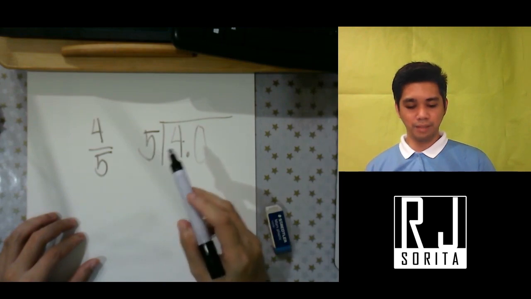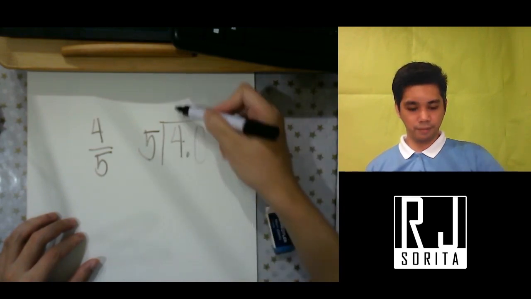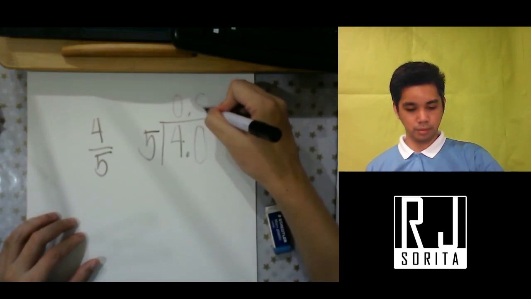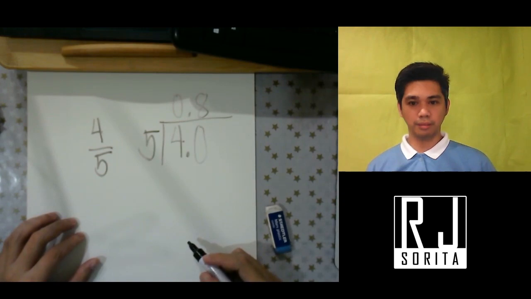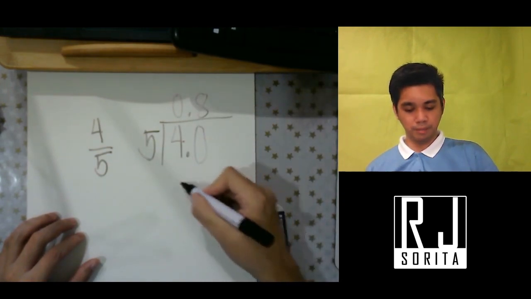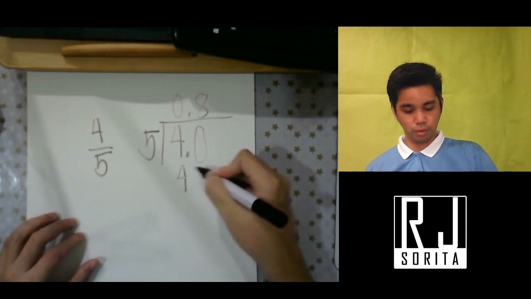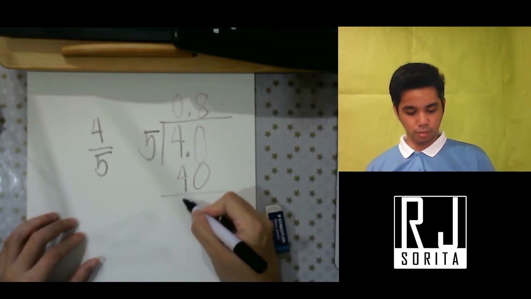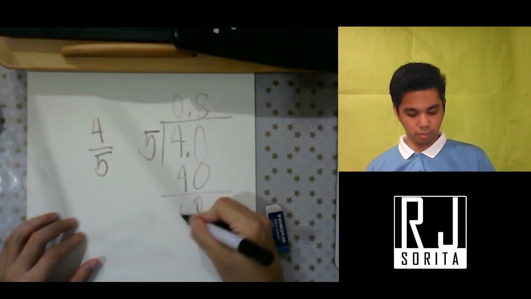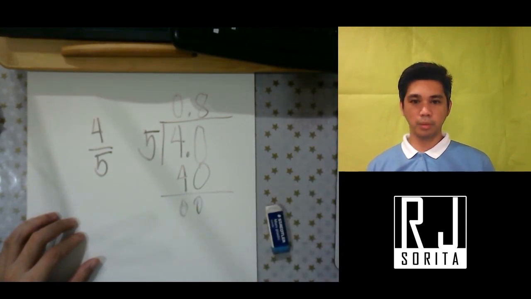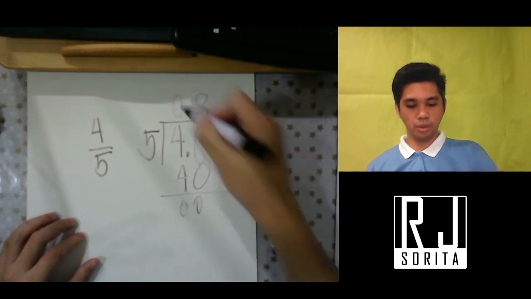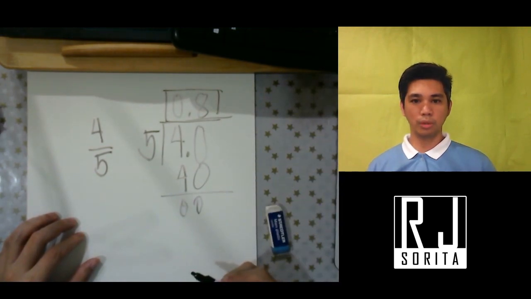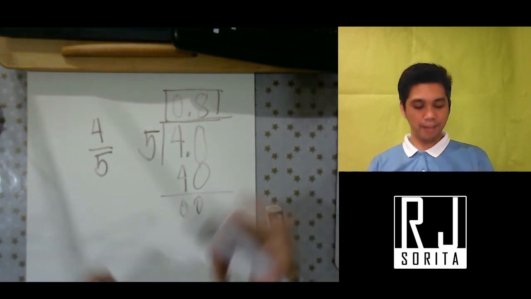So now we can divide 40 by 5. So the answer would be 8. And then 8 multiplied by 5, that is 40. And then we subtract, 0. So the final answer, 4/5, is equivalent to 0.8.